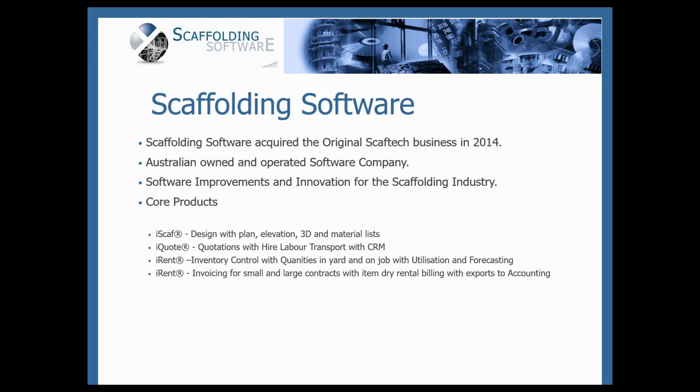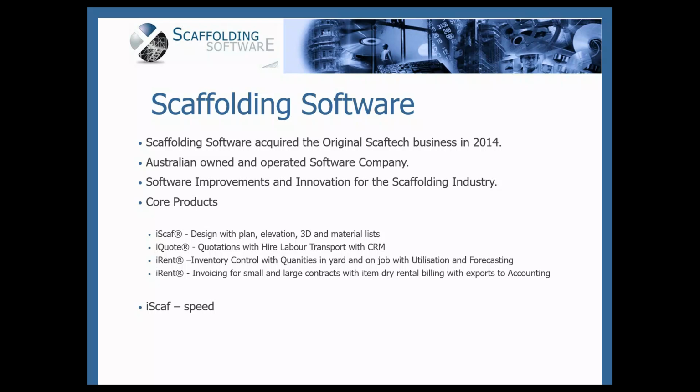We have the rental management system. There's 2 parts of that. There's the iRent inventory system, which is full inventory control with delivery pick tickets, delivery return dockets, utilization, and quantity on hand, quantity in the yard, quantity on jobs, comprehensive inventory control with forecasting as well.